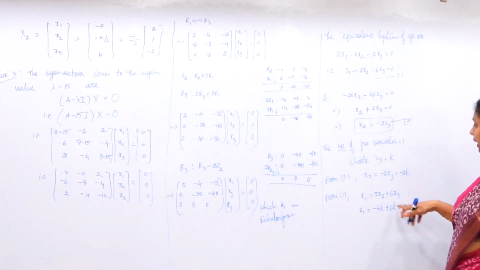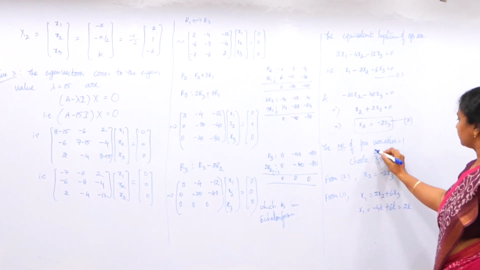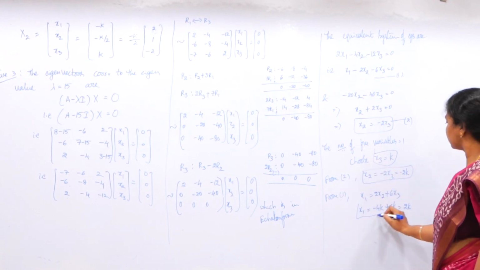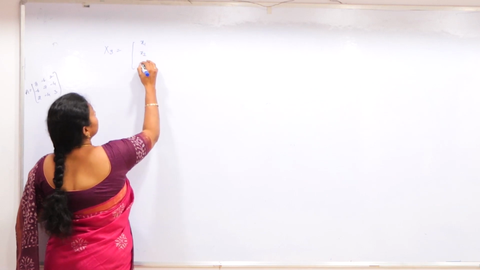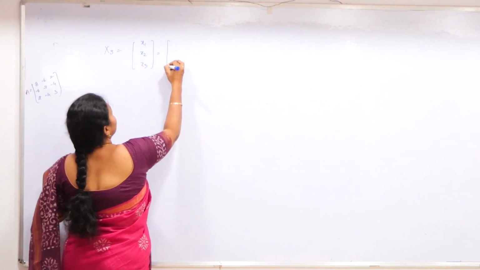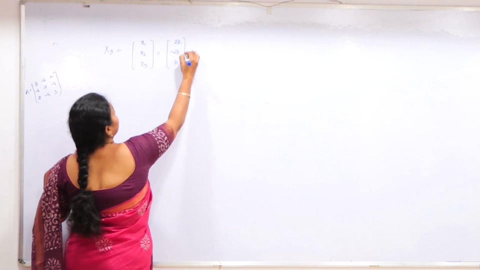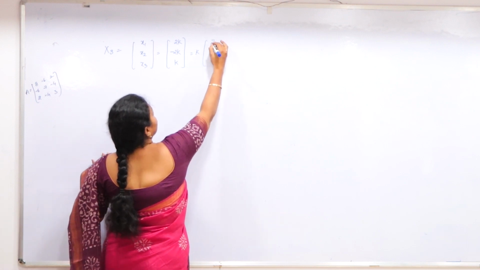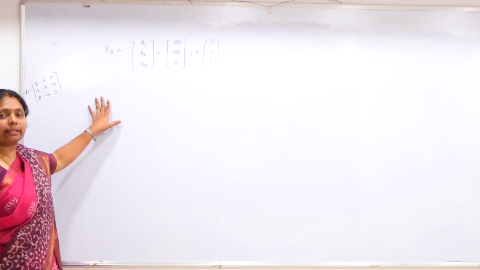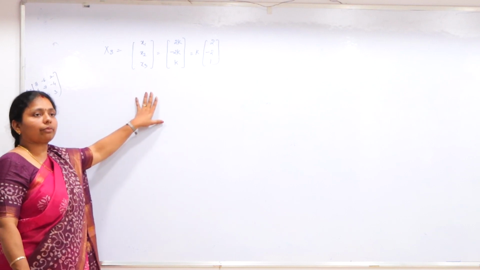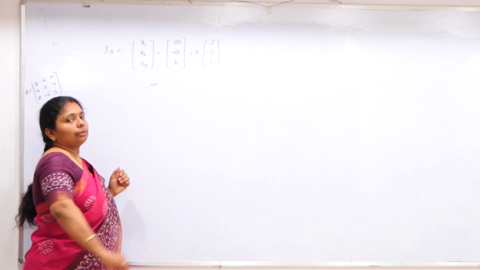So x1 is 2k, x2 is minus 2k, x3 is k. Write x1, x2, x3 values. Common out k, vector is 2, minus 2, 1. So the eigenvector corresponding to the eigenvalue lambda equal to 15 is 2, minus 2, 1. Today's session is over.